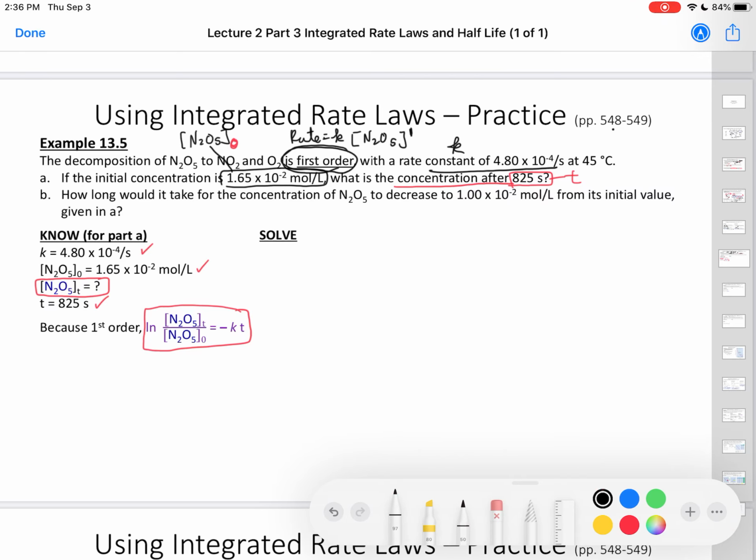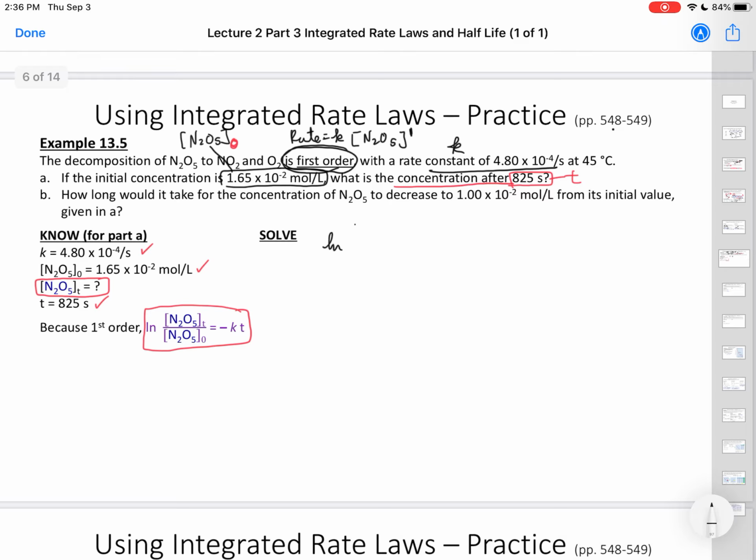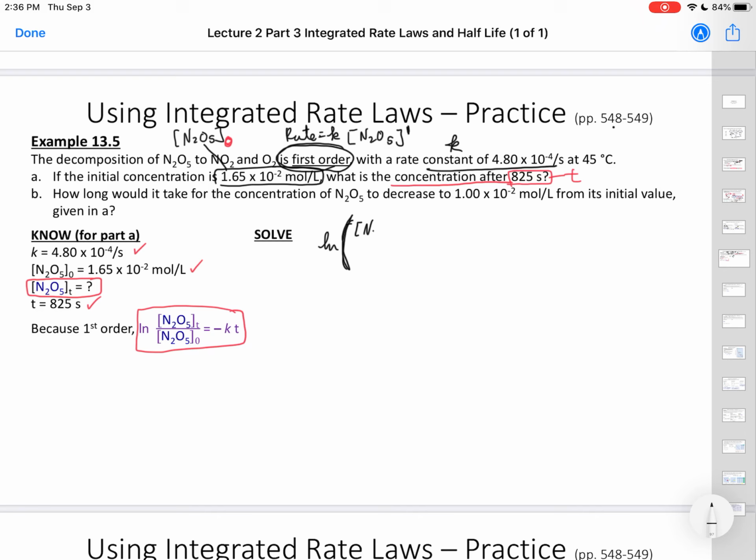We're going to plug in everything we know: ln. I would usually like to put these large parentheses here so I don't separate the fraction by accident, okay? We don't know N2O5 at time t. That's what we're solving for.